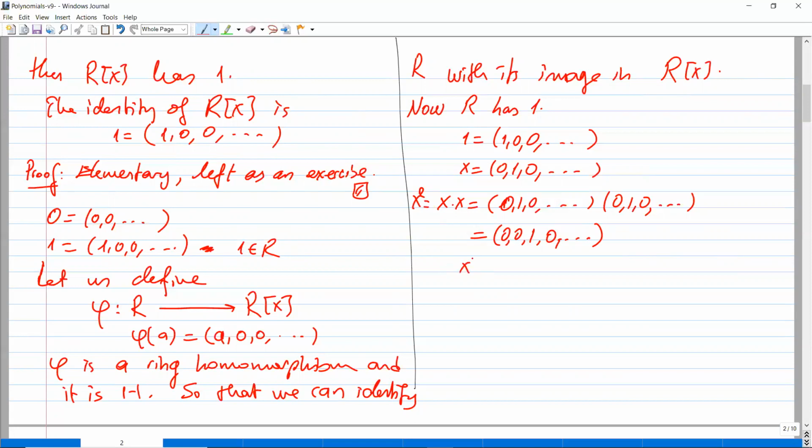In general, x to the n is 0, 0, ..., 0, 1, and then 0, 0 again. So here there are n zeros, so the 1 is the n plus first entry.